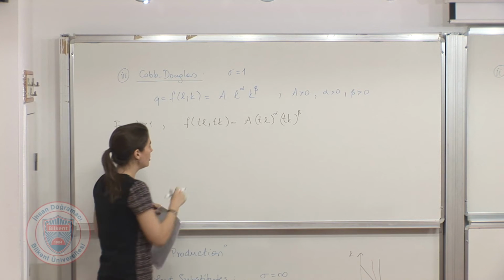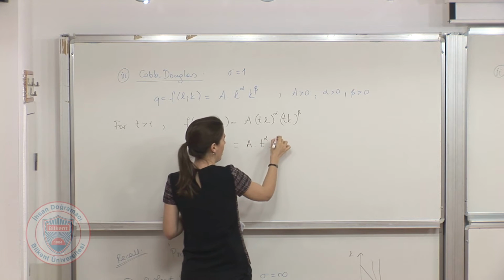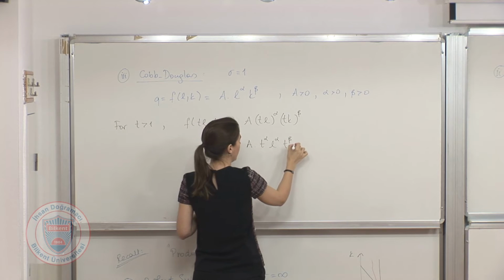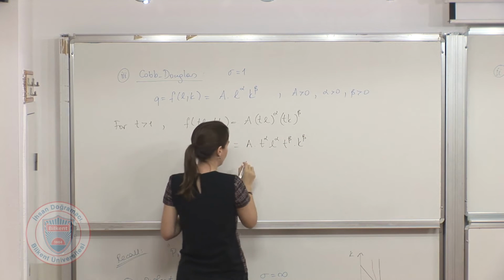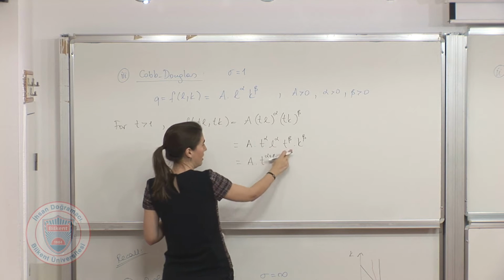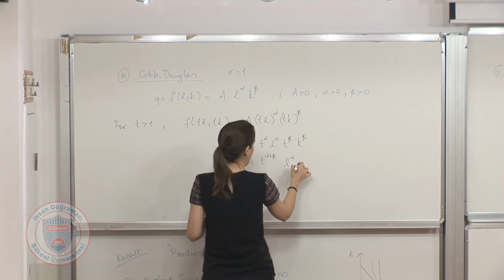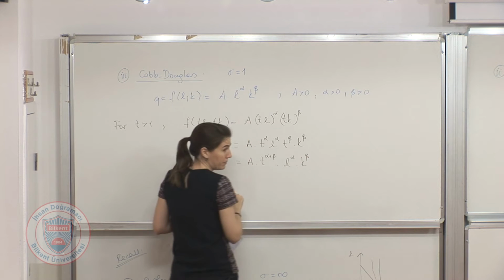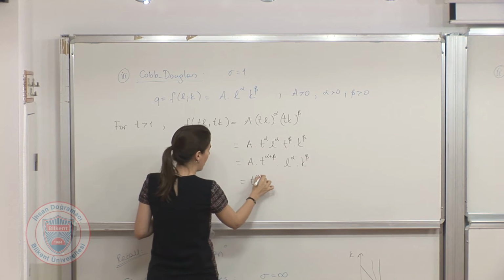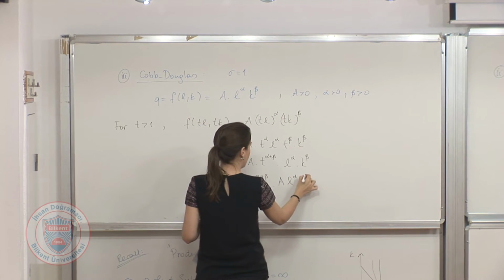So this becomes A times t to the power alpha, L to the power alpha, t to the power beta, K to the power beta. Adding the exponents, it is t to the power alpha plus beta, times A, L to the power alpha, K to the power beta.